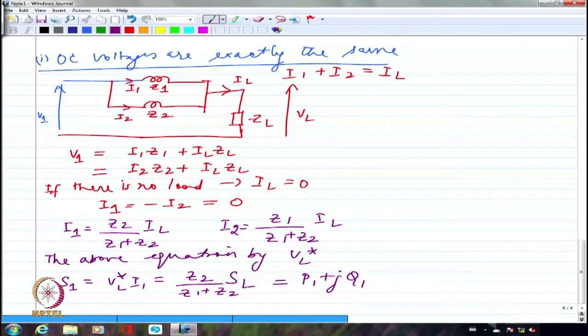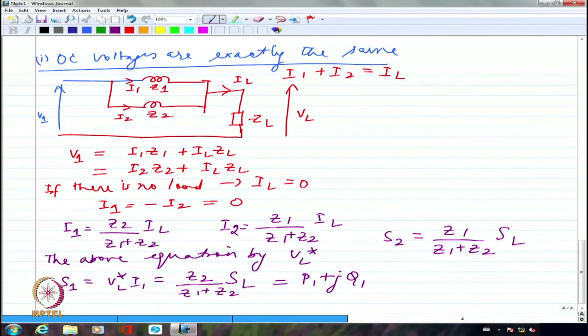Similarly, if I am looking at S2, I should write that is Z1 divided by Z1 plus Z2 multiplied by SL. So I should be able to get how exactly the apparent powers are divided between the two transformers, provided I know the impedances.